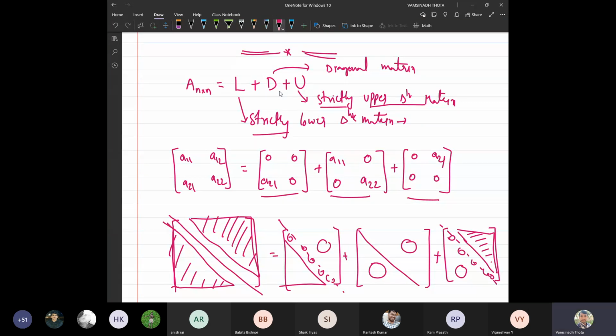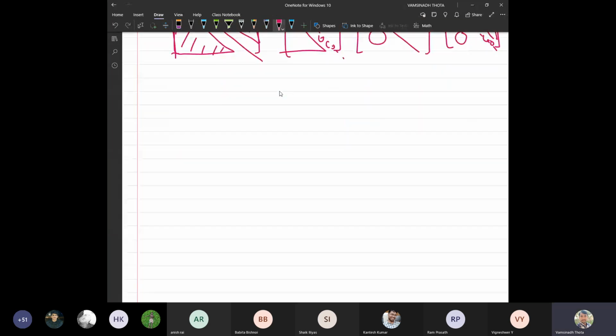Okay, so that we are going to see tomorrow. But anyway, now the first iterative method which we are going to see is called the Gauss-Jacobi iterative method.